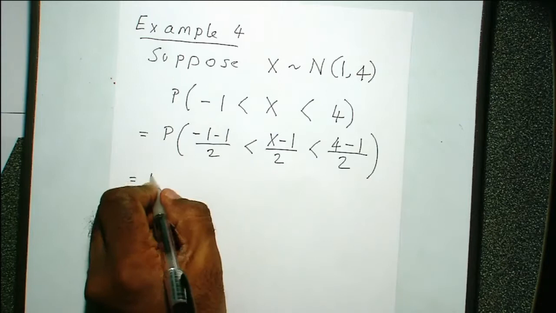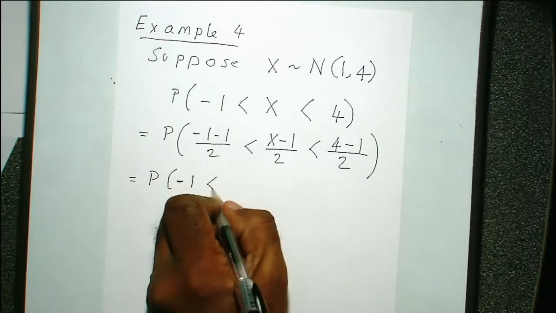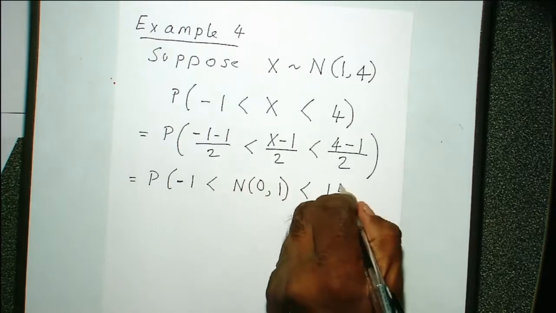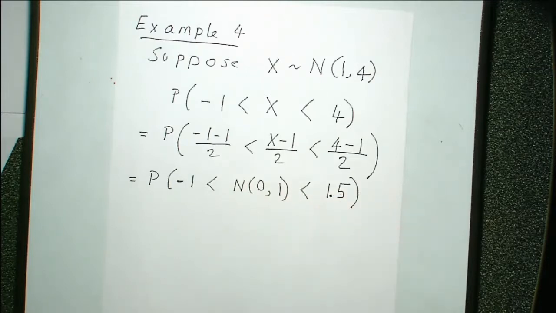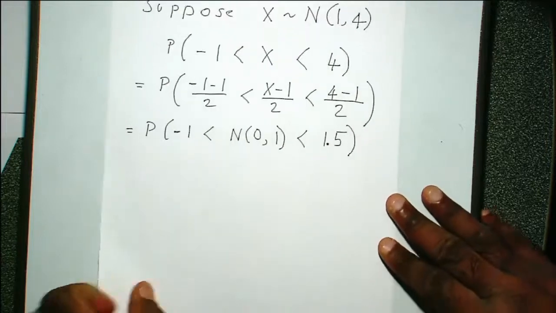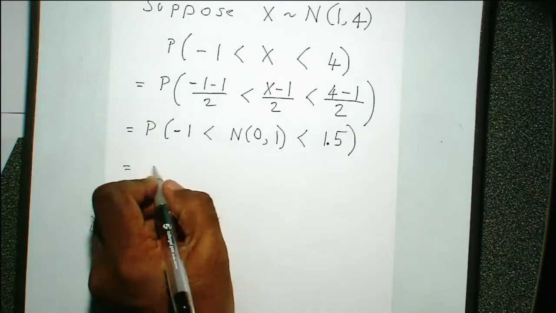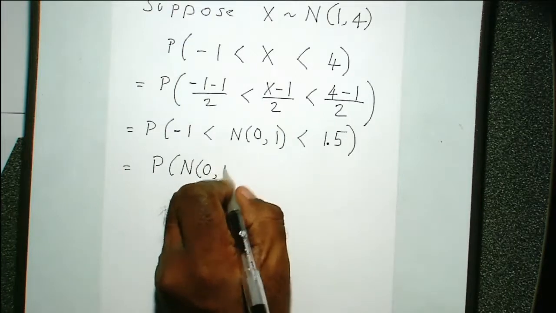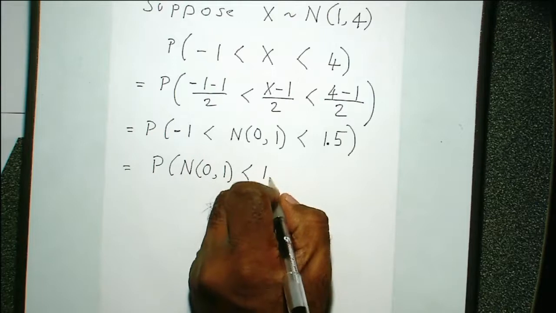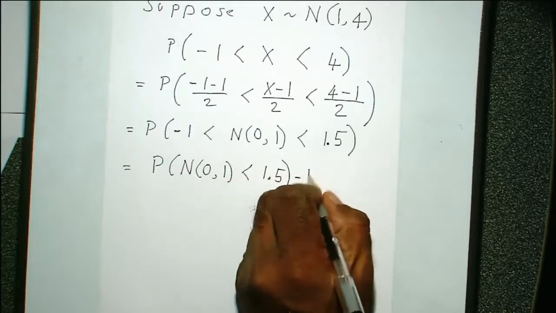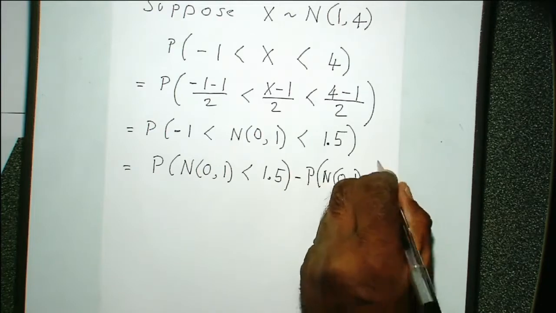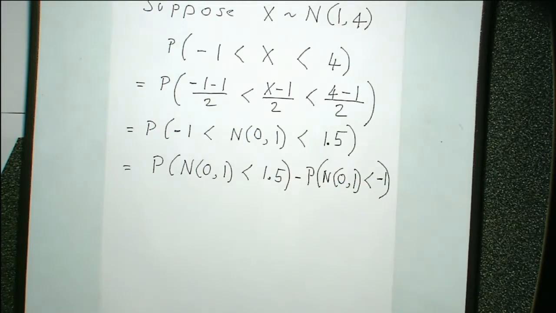So this becomes this, yes? Now, this you can write as the difference of the two probabilities, yes?